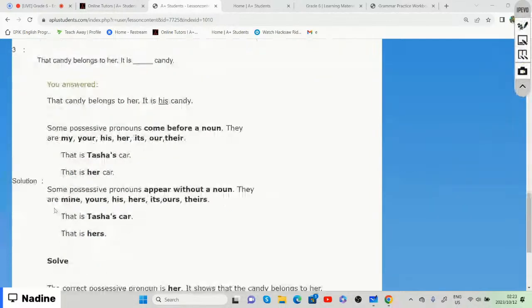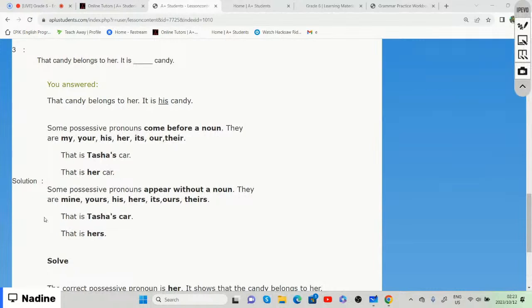All right, so once again, we said that some of the possessive pronouns come before a noun, and they are, for example, my, your, his, her, its, our, and their, right? And that comes before a noun.